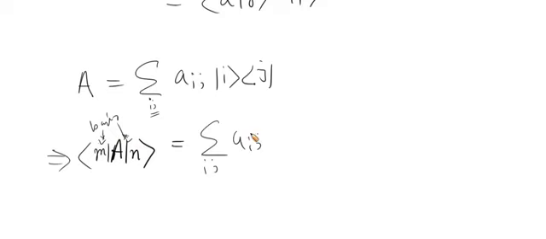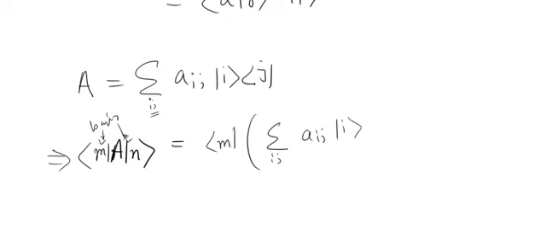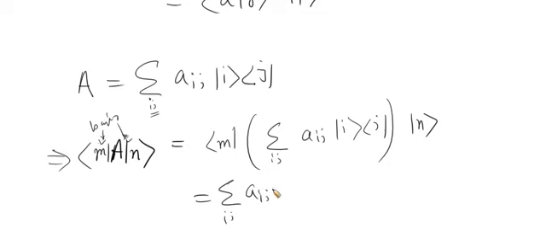So if you do that, let me write it in a more clear manner so that you can understand how this algebra works. You have m over here, here you have a bracket, you have the sum over ij of Aij, ket i bra j, then n. Now you can pull out the summation sign because of the linearity in ket and linearity in bra, and let's just sandwich them. This will be Aij, here you'll have the bracket m i, and you have the bracket j n.